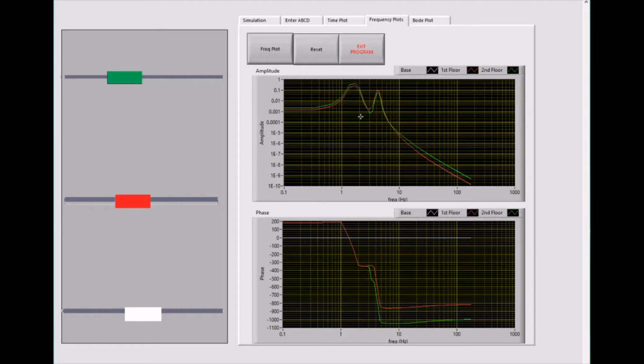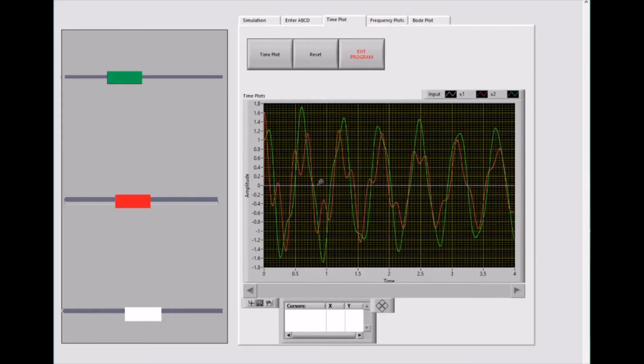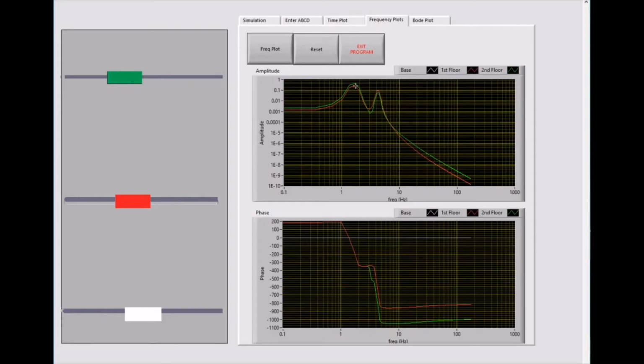I need to zoom in to look at that. This is 1, this is 2, this is 3, and this is 4. Between 4 and 5, but closer to 4, you see the response has these two frequencies. Even if you can't tell by eye, if you do the FFT, you can clearly see two dominant frequencies, and they're the two natural frequencies.